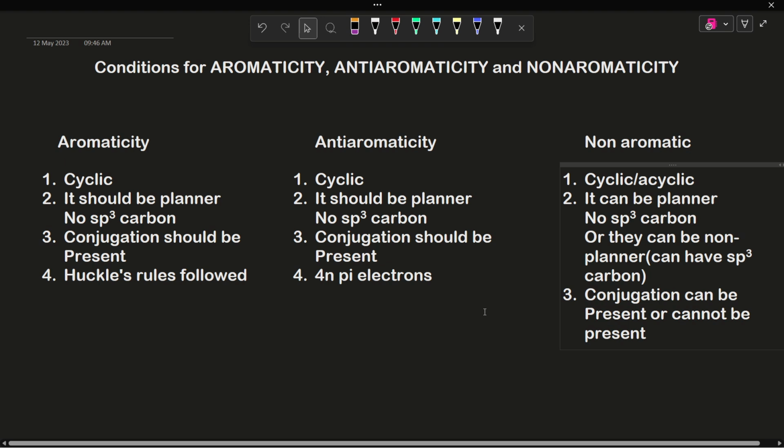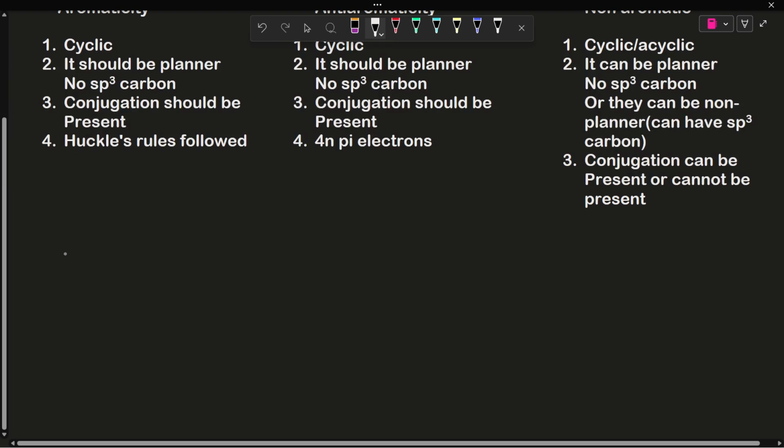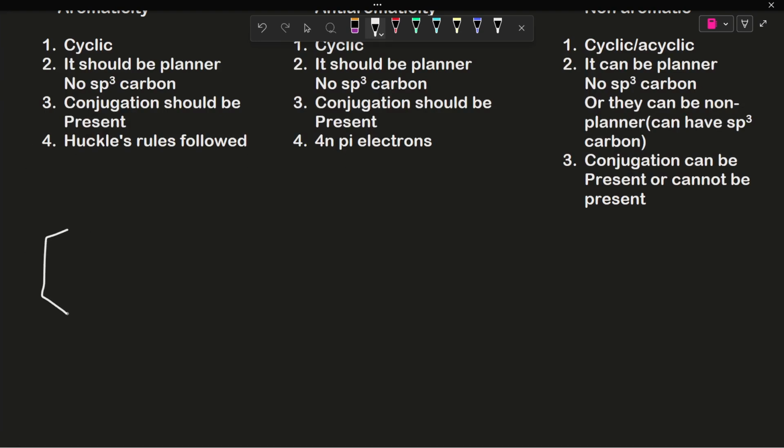Fine. Now let's take some examples in order to understand these rules, so that we can apply them and see how we proceed. Let me draw some compounds here. The first compound that I am taking is this one. The second compound is this one. The third compound is this one.